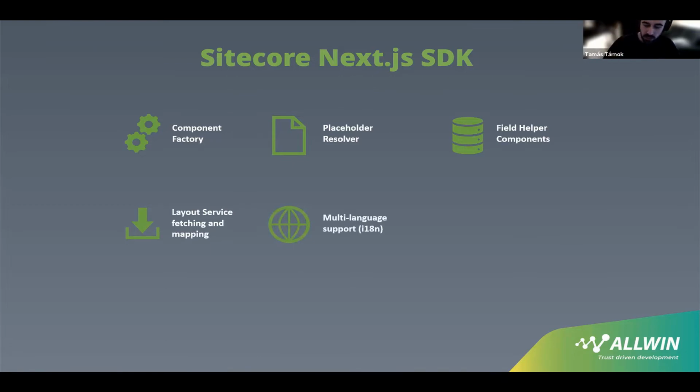Here we also have, of course, multi-language support, and it has to be set up a bit differently than in Sitecore. We also had to set up the new language in Sitecore if we want to add one, and we also do some configuration on the Next.js application. And it comes, of course, with the Sitecore Analytics and Experience Editor support.